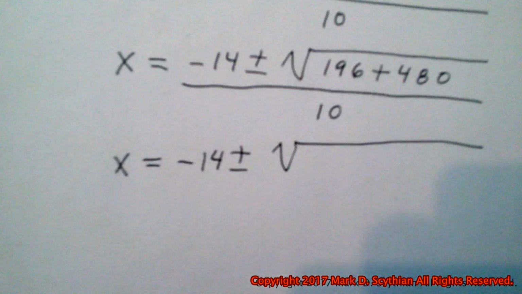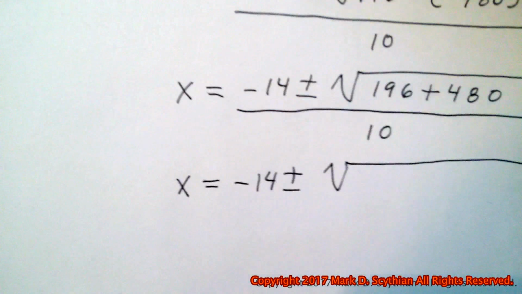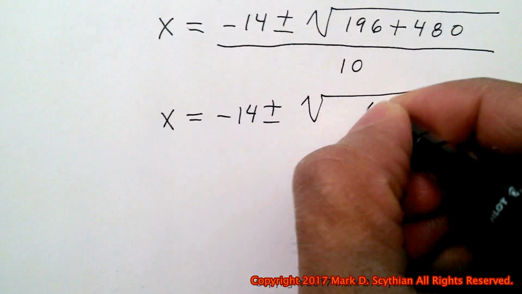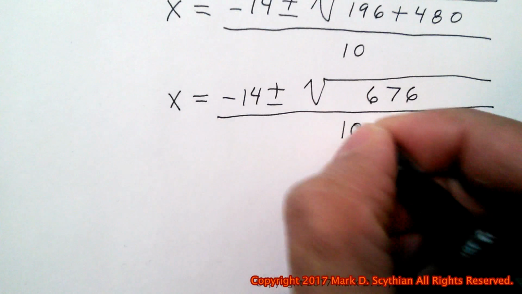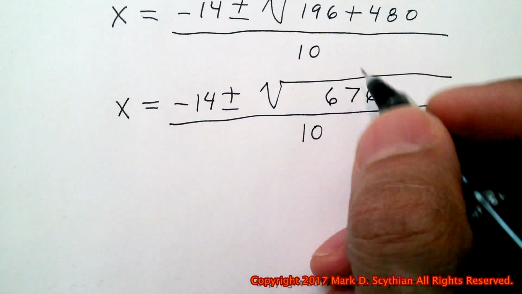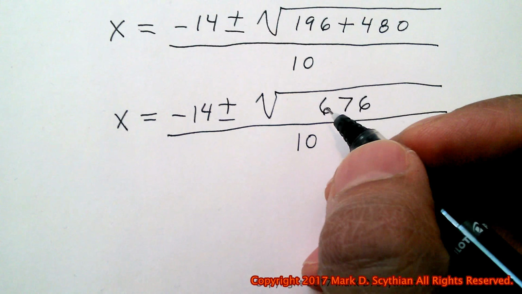So 196, let me go to my calculator here, 196 plus 480 is 676 over 10. Now notice that the square root is positive, and this should be a perfect square. I think the square root of 676 is 26.